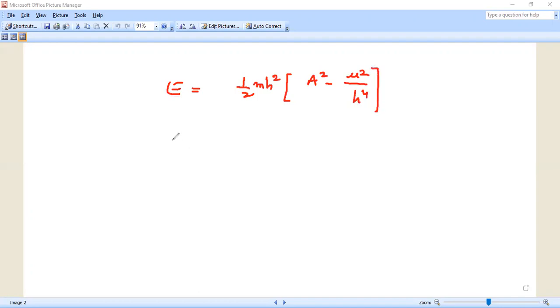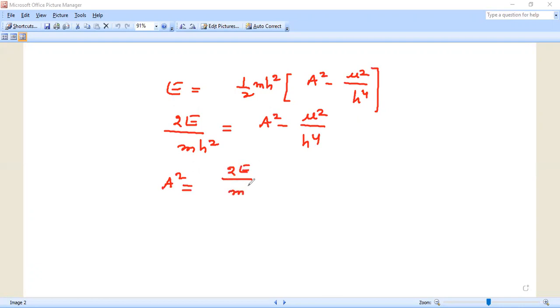Okay. So from this, by taking cross multiplication, 2E by mh square is equal to, right side, a square minus mu square by h power 4. From that, you write a square as the subject: 2E by mh square plus mu square by h power 4.